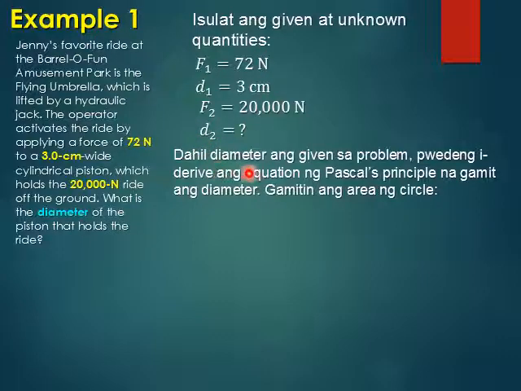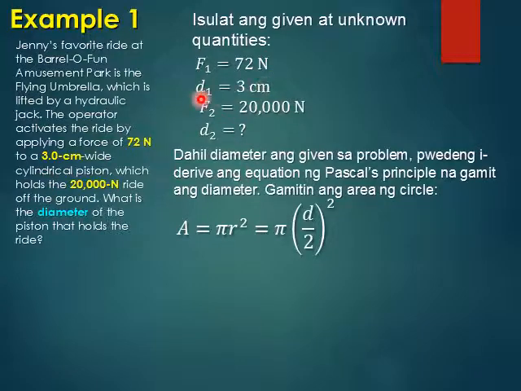So, dahil diameter ang given sa problem, pwede nating i-derive ang equation ng Pascal's principle na gamit ang diameter. So, gagamitin muna natin yung area ng circle. Now, remember na cylindrical piston ito, so ang cross-sectional area ng isang piston is actually equivalent to a circle. Ang area ng circle is pi r squared.